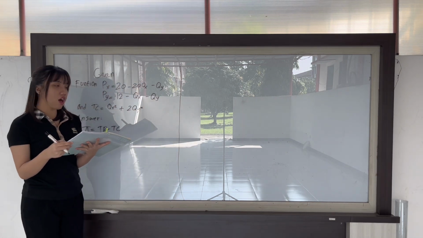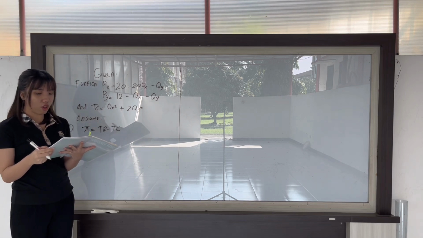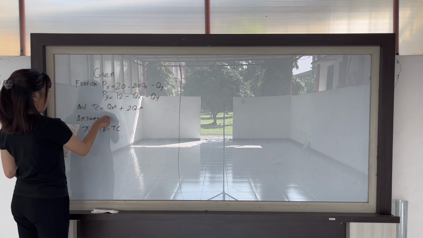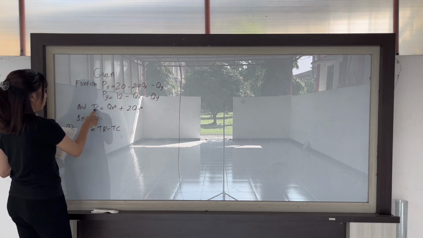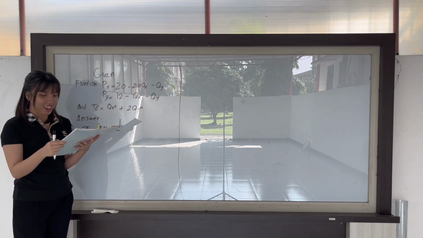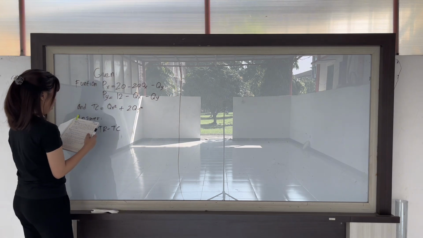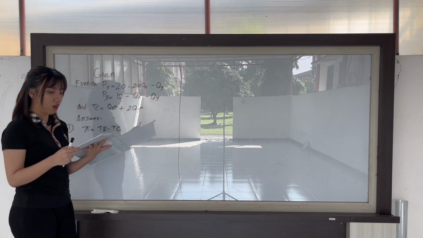From this formula, we can see that the total cost function is already given in this question. But the TR function is still unknown, so we have to find the total revenue function in order to calculate the profit.